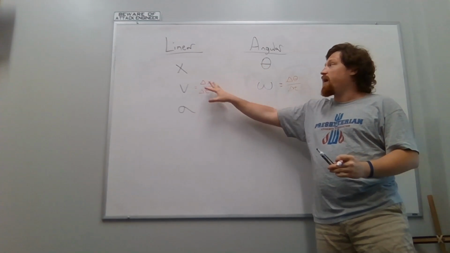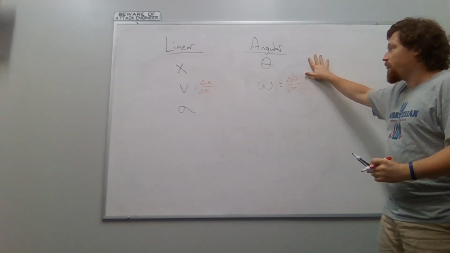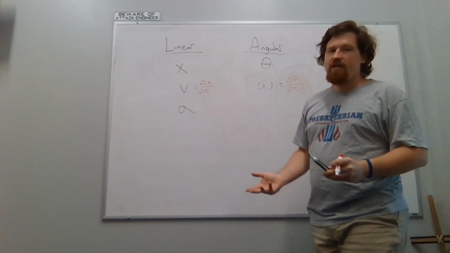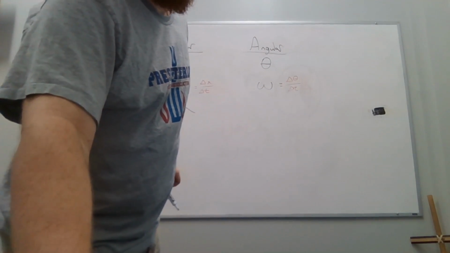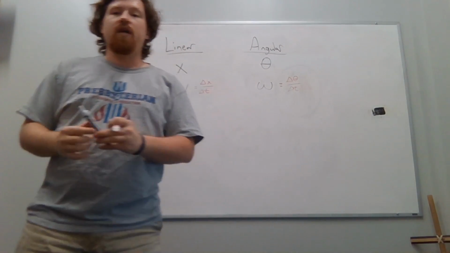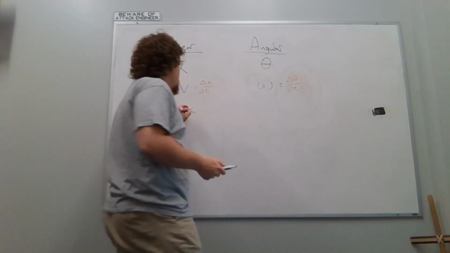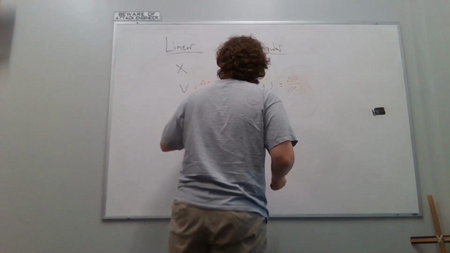You just have to look at, are you displacing linearly or displacing angularly? It's really the same formula for each. You're just subbing out linear for angular. And then if you move on to slide 4, you'll see the same thing for acceleration. Now normally, acceleration is equal to change in velocity over change in time.